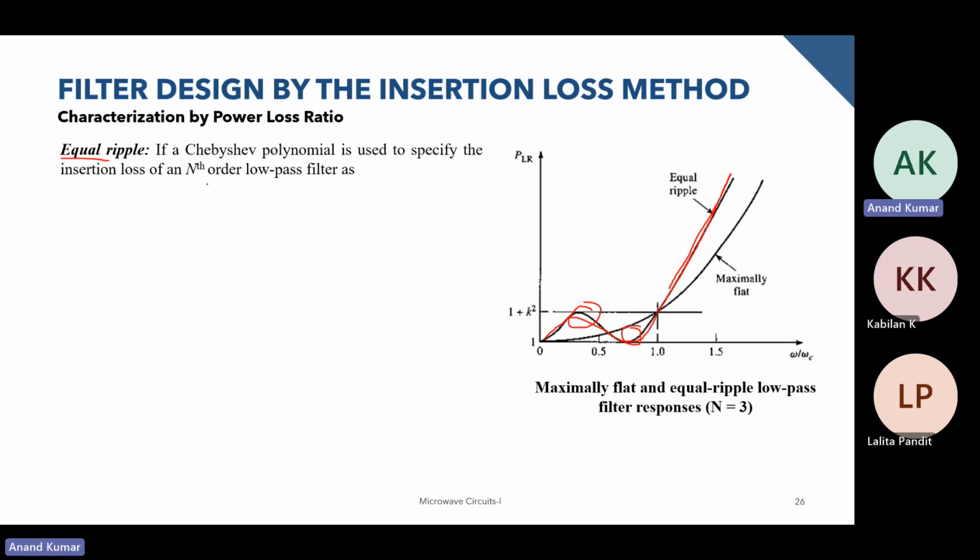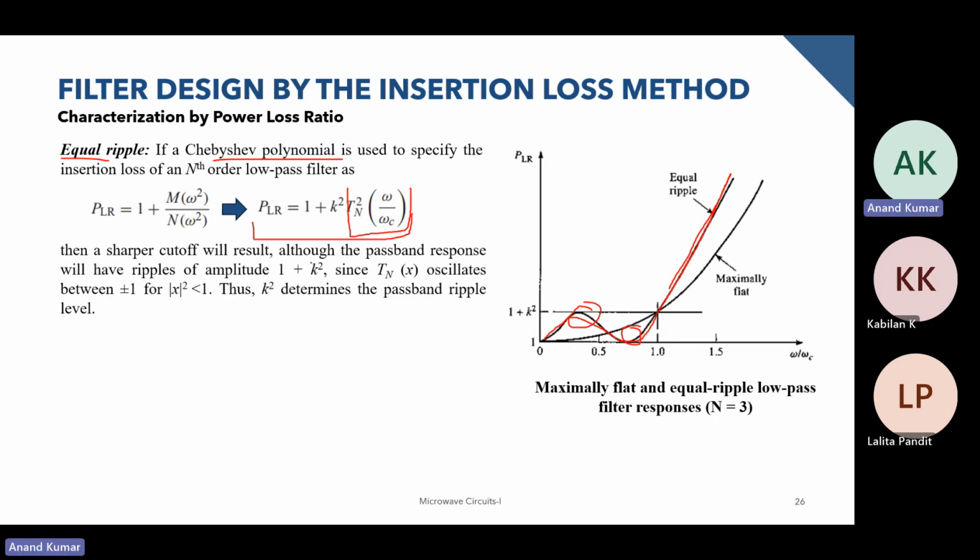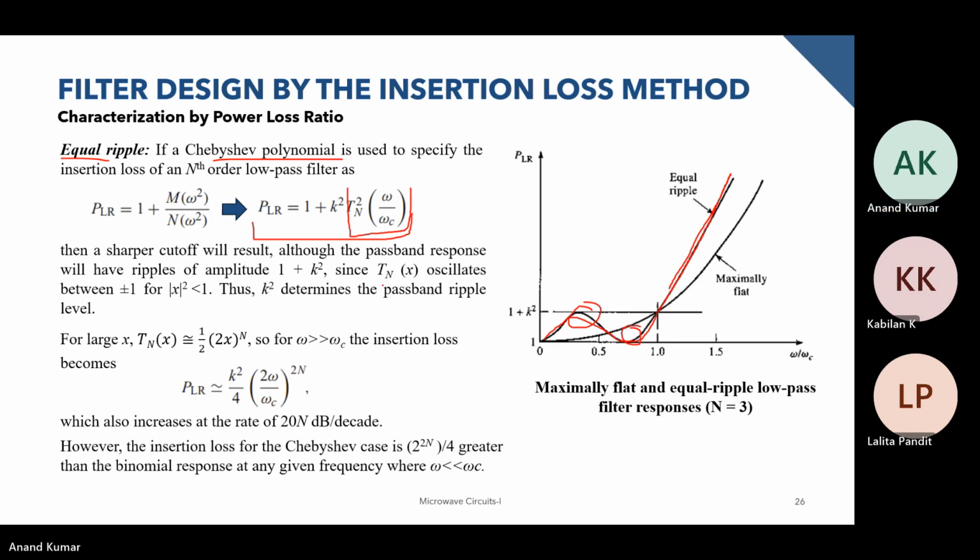To get this response, we use a Chebyshev polynomial, for an nth order filter, where the expression is given by this. We have this function Tn square of omega by omega c, and this allows a sharper cutoff. This Tn oscillates between plus and minus 1 for x square less than 1, so we have these oscillations due to this Tn function.